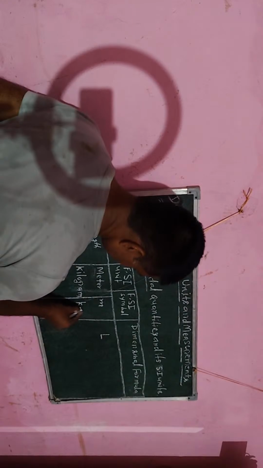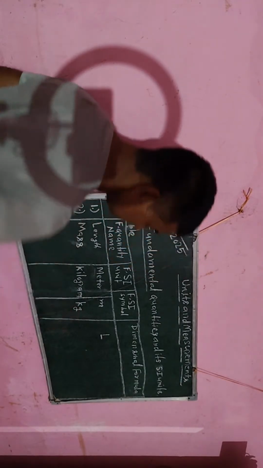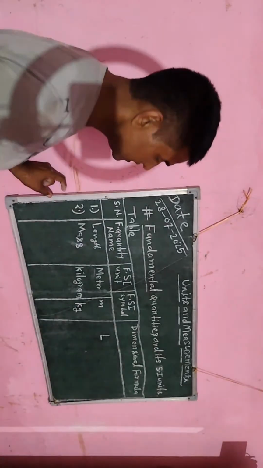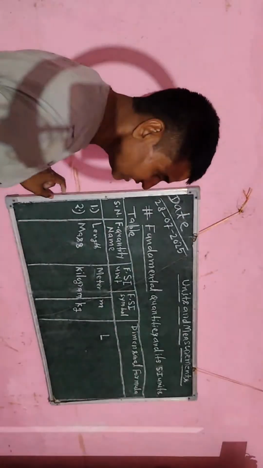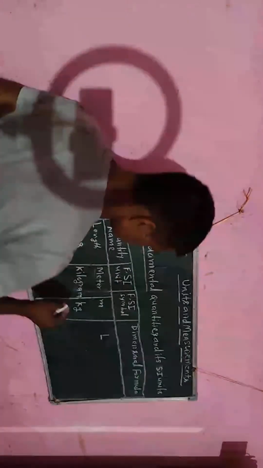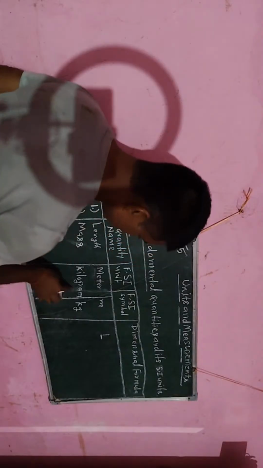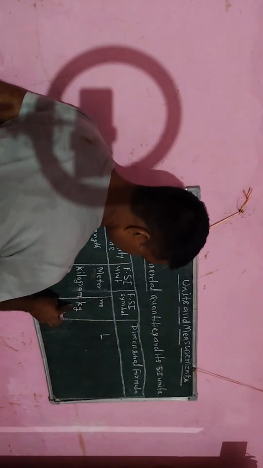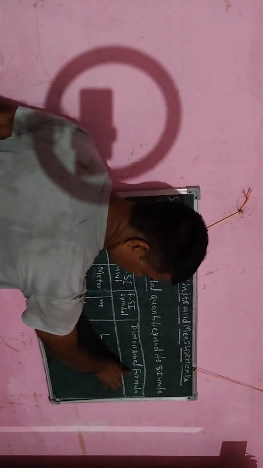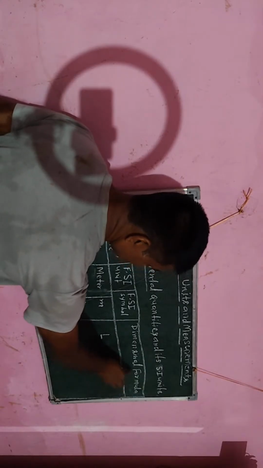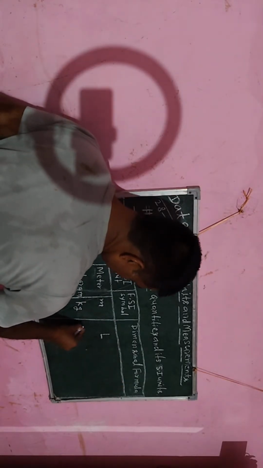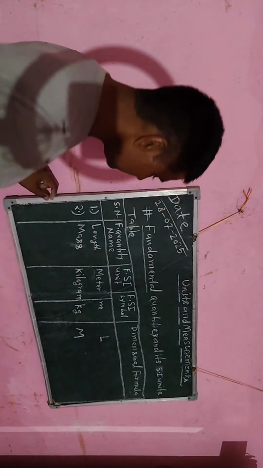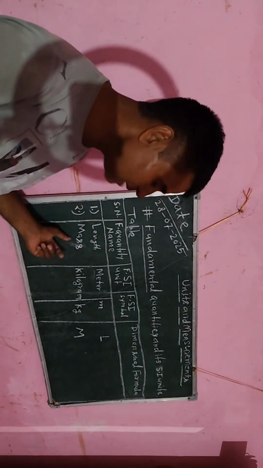This is the MKS system, and MKS stands for meter kilogram second system, which is also equivalent to the SI system. The dimensional formula, the BB Sutra, will be capital M. So each and every student has to remember it. The dimensional formula of mass will be capital M.